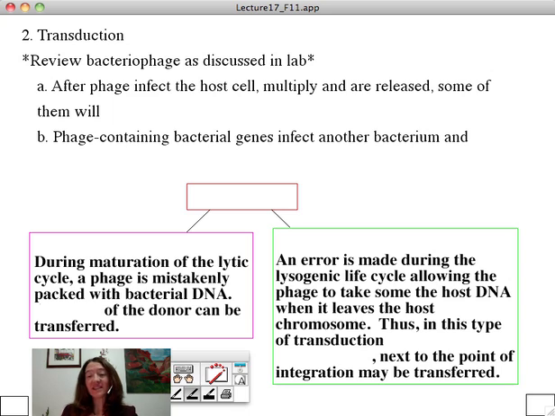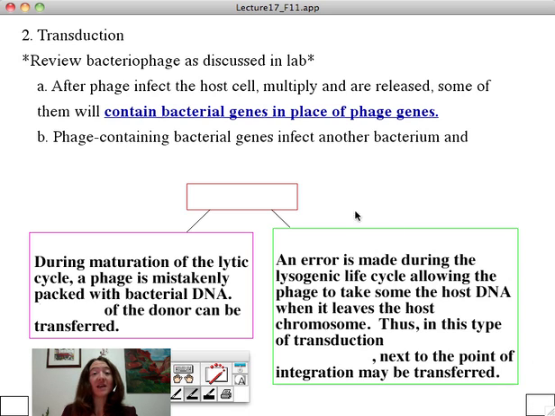So we recognize then that this phage now carries bacterial genes in place of where it would have had phage genes. So we often say that that particular bacterial phage is defective because it carries bacterial genes and it really doesn't have any threat. Well, it has minor threat, right, to this cell that it might infect afterwards because it only contains bacterial genes.